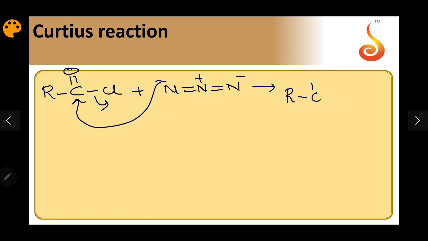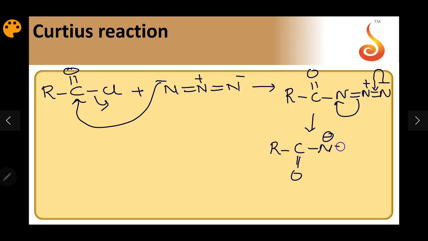So what do we get? R C double bond O N double bond N double bond N. This is plus, this is minus. So this minus charge comes here, this will come to nitrogen. I will get R C double bond O N minus N triple bond N plus. It is comparable with the previous intermediate formed during the Hoffmann bromamide reaction.